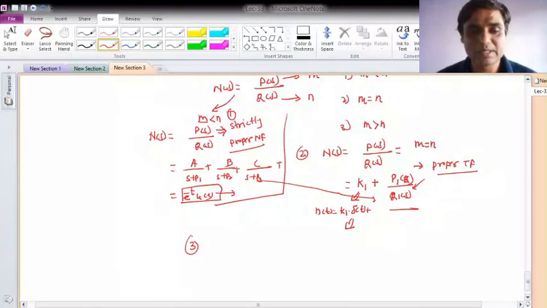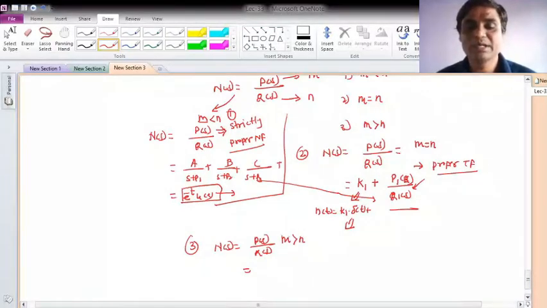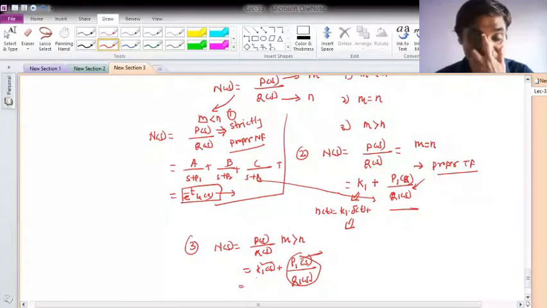Then the third category: say I have a network function P(s) upon Q(s), and assume that the degree of the numerator is greater than the degree of the denominator. If I divide the numerator by the denominator, I will obviously get a polynomial K1(s) plus quotient plus remainder upon divisor, that is P1(s) upon Q1(s). This remainder part will be strictly proper now, but K1(s) will consist of terms in s with its powers, maybe s + 1, maybe s² + s + 2, like this.